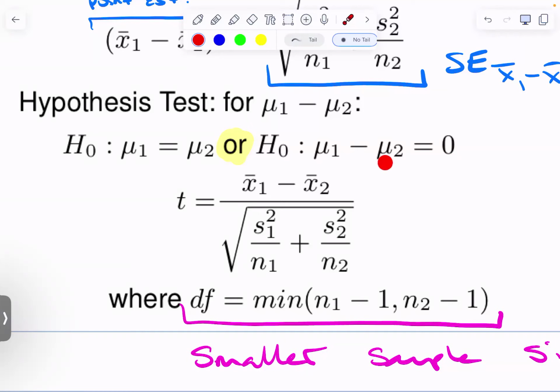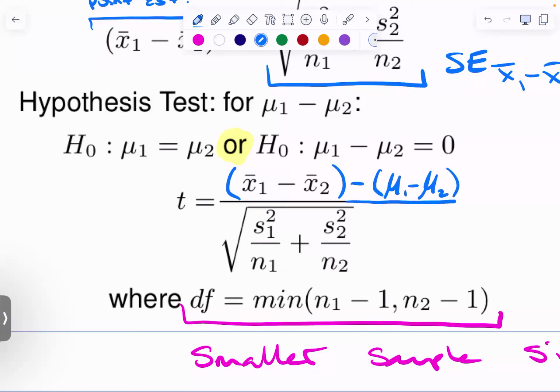I think this one kind of leads nicely into our test statistic T, right? Because technically, and we've seen this before, for two sample proportions, we take our point estimate minus our hypothesized value, assuming the null hypothesis is true.